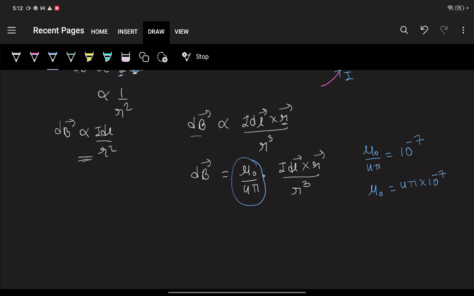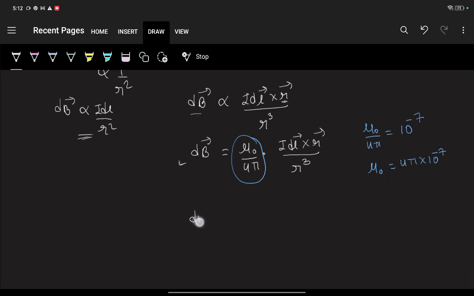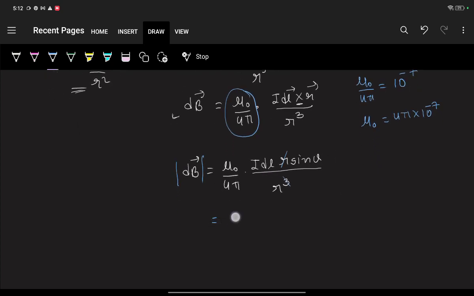The magnitude of this magnetic field will be mu 0 upon 4 pi, and since it is the cross product, we can write it as Idl r sine theta upon r cube. Now, for the magnitude, this r will get cancelled out and we will finally get the expression mu 0 upon 4 pi Idl sine theta upon r square. This is the magnitude of the magnetic field.